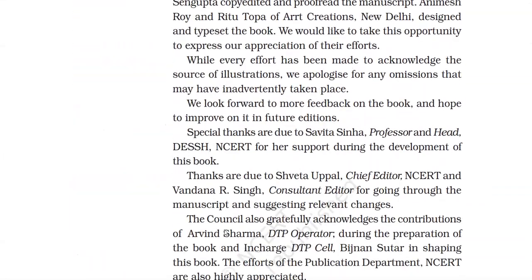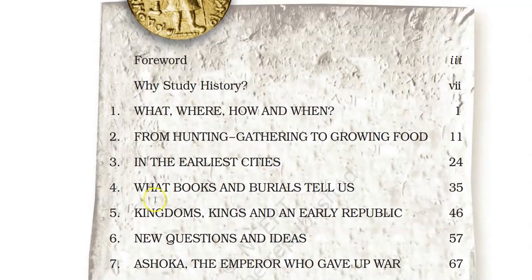Now, in class 6 we are going to study these chapters. As you can see here, number 1: What, Where, How and When. This is the first chapter we are going to study, but here we will complete it as a quick revision, and in a short period of time even class 6 CBSE students can complete social science history in an easy and enjoyable way.